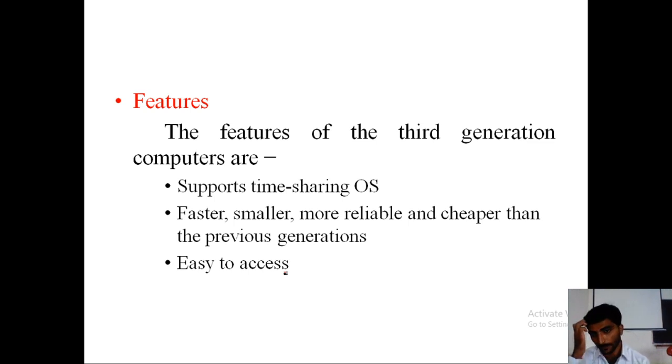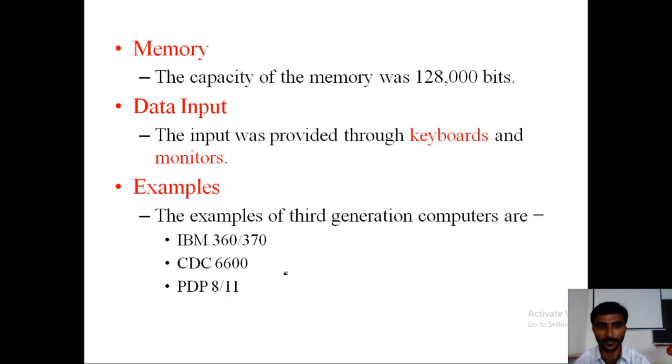It is more reliable, cheaper than the previous generation, and very easy to use. This computer supports a time sharing operating system. That means many tasks running inside the computer share the time for each task. That is called a time sharing operating system.